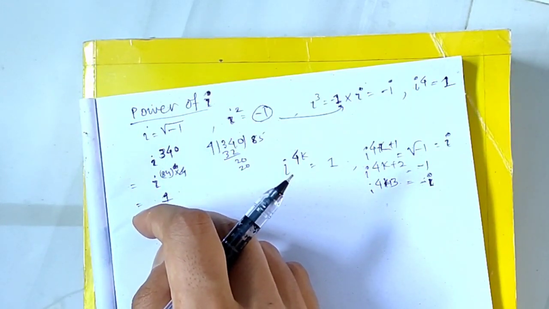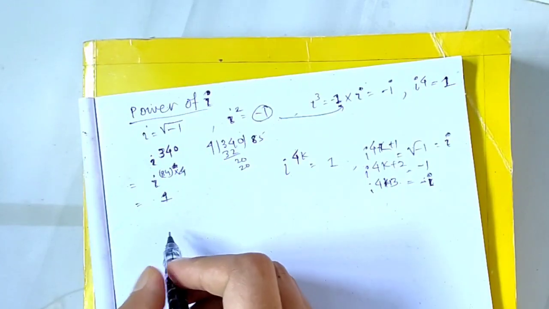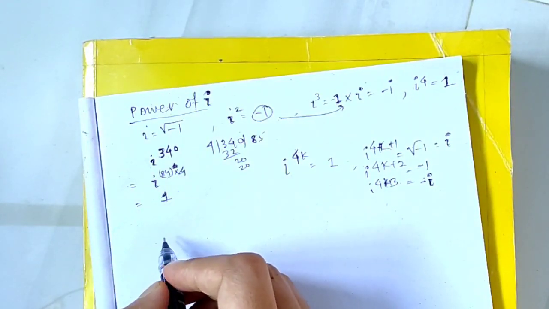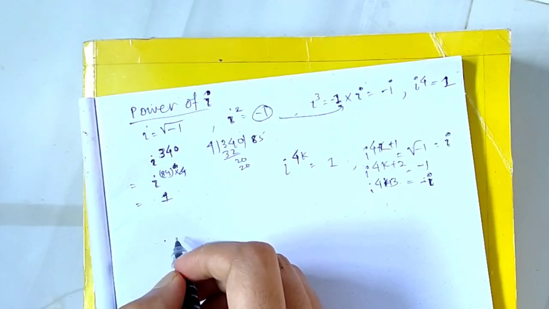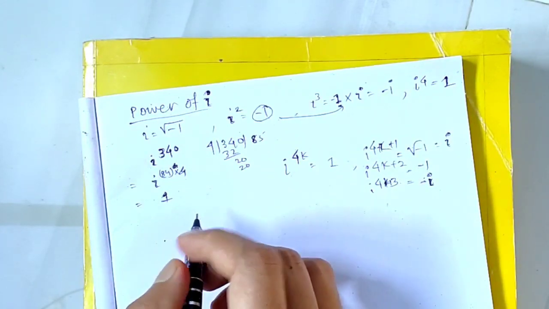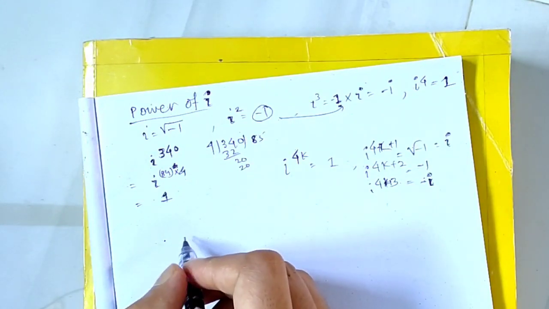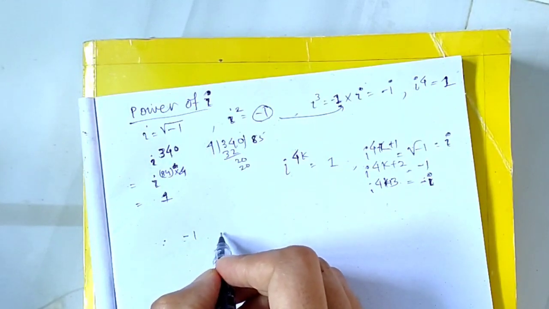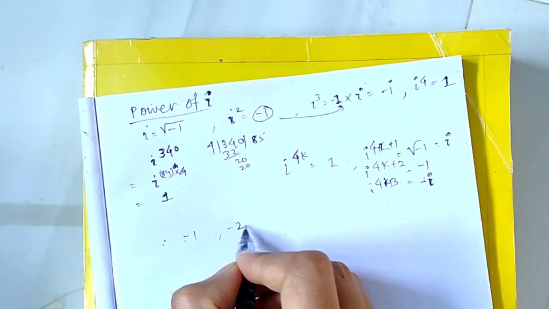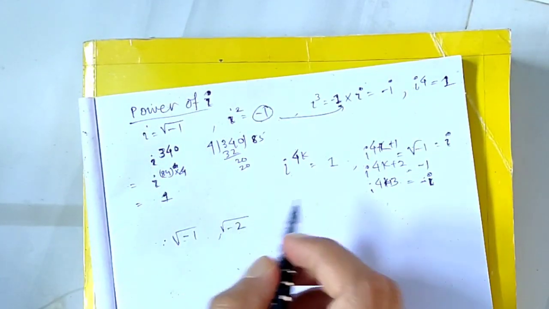Now let's move to another thing. Remember one thing: if we have two negative numbers, suppose minus 1 and minus 2, root over of minus 1 into root over of minus 2.